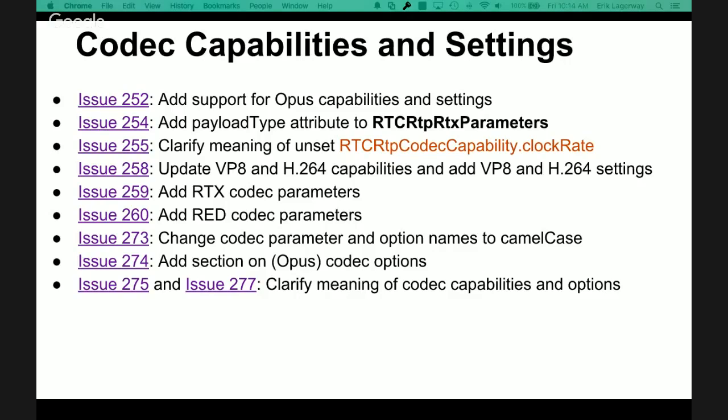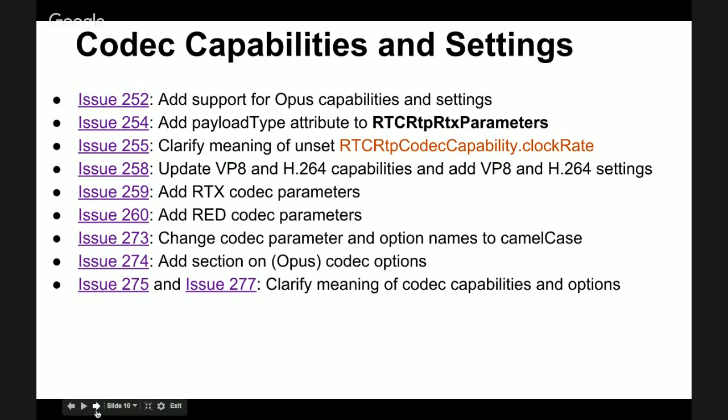There was an issue with things that aren't really codecs, such as FEC. There's a question of what the clock rate means, and it isn't appropriate to have a clock rate because some of those things can be used with any clock rate. So we put in a clarification to say, basically, if you don't have a clock rate, it can be used with any clock rate. We also didn't have a full set of VP8 and H.264 capabilities and settings, so we added that.